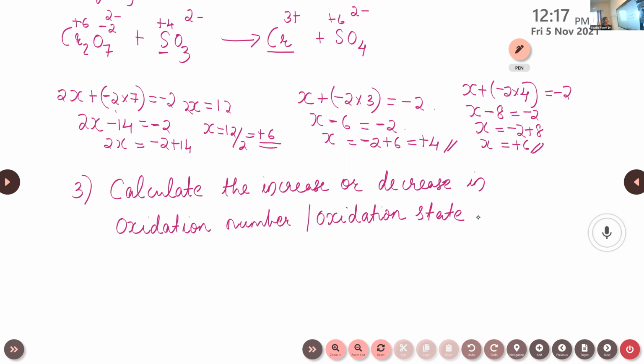Calculate the increase or decrease in the oxidation number or oxidation state.